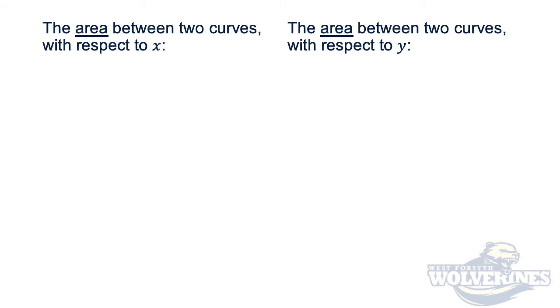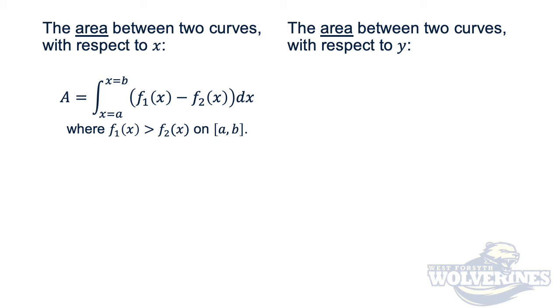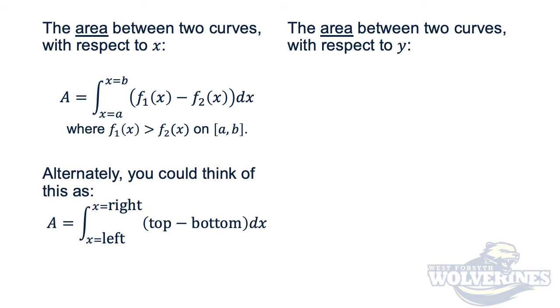Okay, so to recap area, because we will be calling back to that again with this volume method as well. So area between curves with respect to x and with respect to y. With respect to x, your upper and lower bounds are both in terms of x, right? You've got a and you've got b, and you just do the greater function minus the lesser function. And in terms of the graph, greater or lesser corresponds to top and bottom.